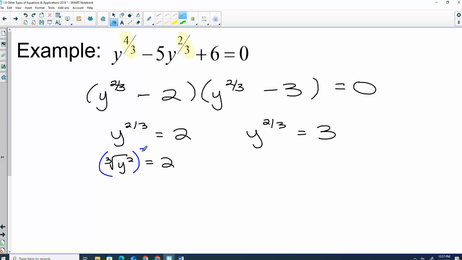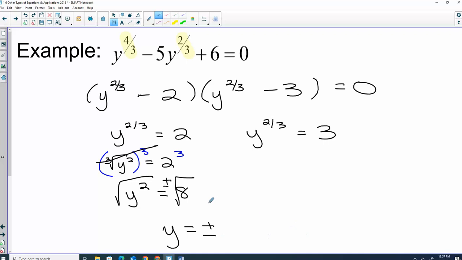You would cube each side. You get y squared equals 8. How do you get rid of a square? You have to do plus and minus. 8 will break into 4 and 2, so 2 radical 2.